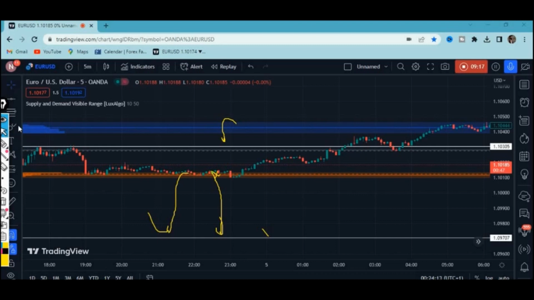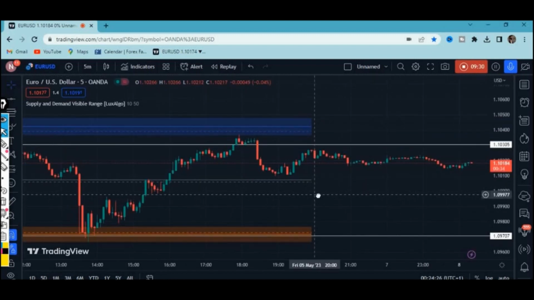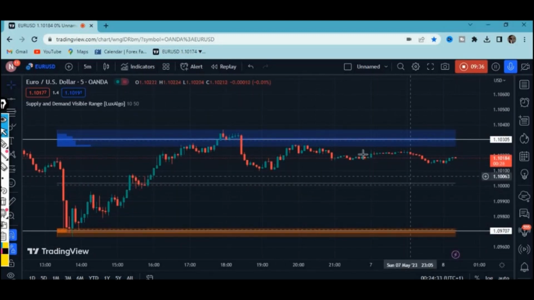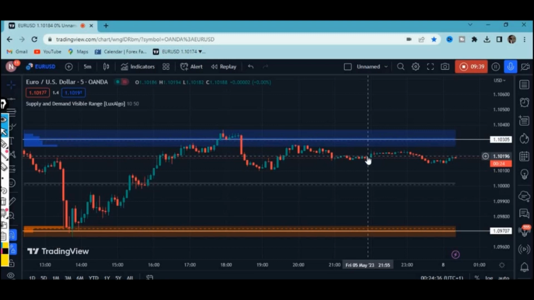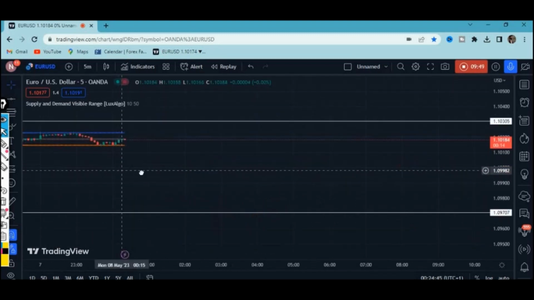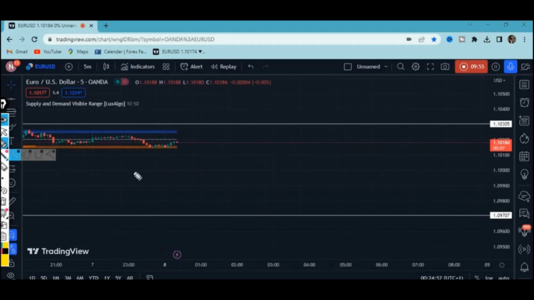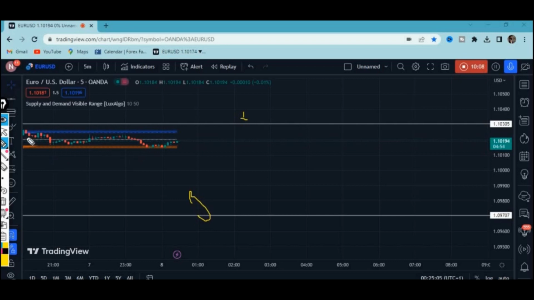So going back to the position we were at first, maybe we're going to see them at the respective levels. Yeah, basically they are at the levels, but remember earlier on it was actually moving. So again, as you can see, live market over here, remember the supply zone was at this level over here, and the demand zone was at this white level over here, but it is actually now on this level over here where we were not seeing it.